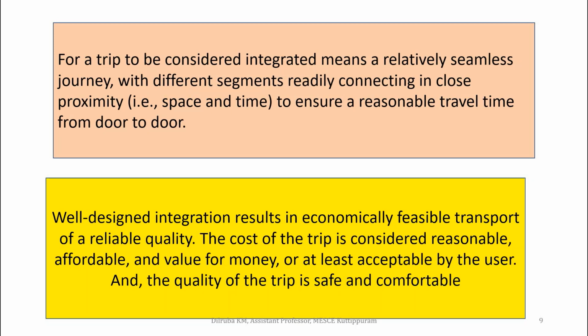And a well-designed integration results in economically feasible transport of reliable quality, and the cost of the trip is considered reasonable, affordable, and value for money, or at least acceptable by the user. And the quality of the trip is safe and comfortable.